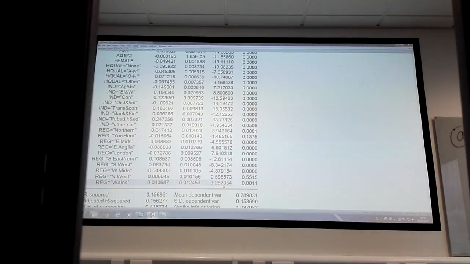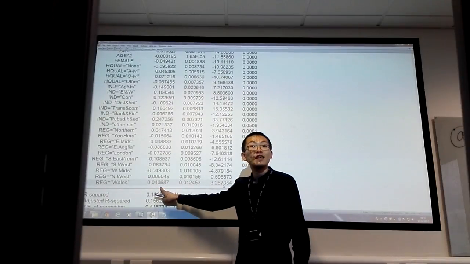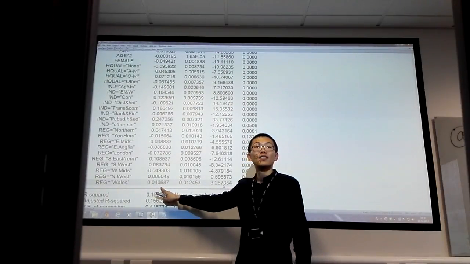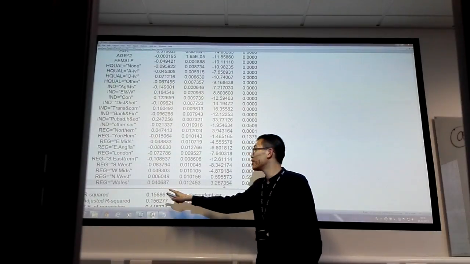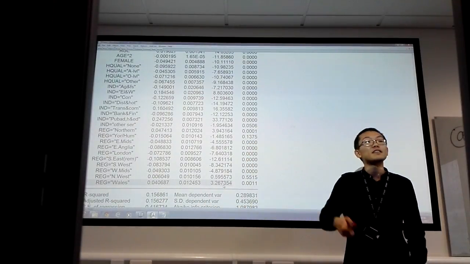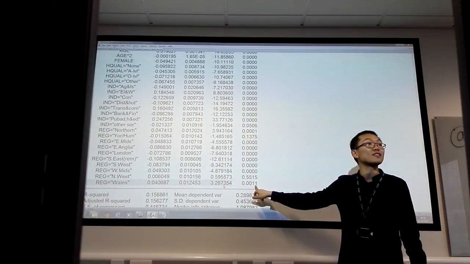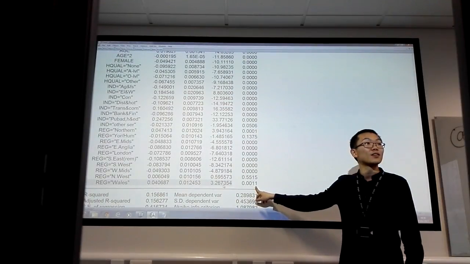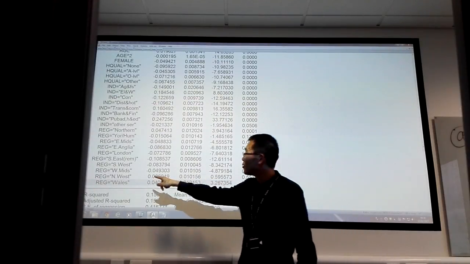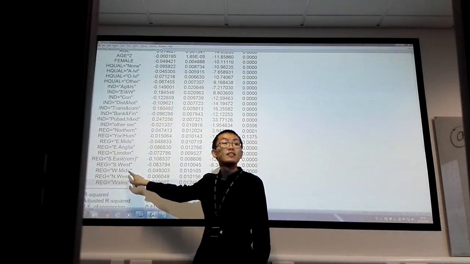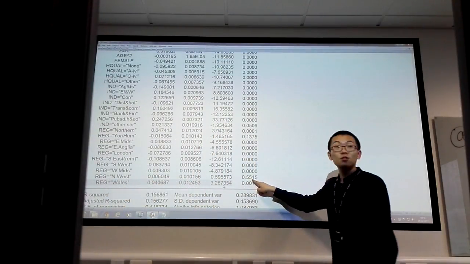But of course, all the interpretations are based on that coefficient, and I'm just assuming that this is statistically true. So before I interpret it that way, I should check the statistical significance. If it is not significant, for example, this northwest dummy is not significant, what does that mean?